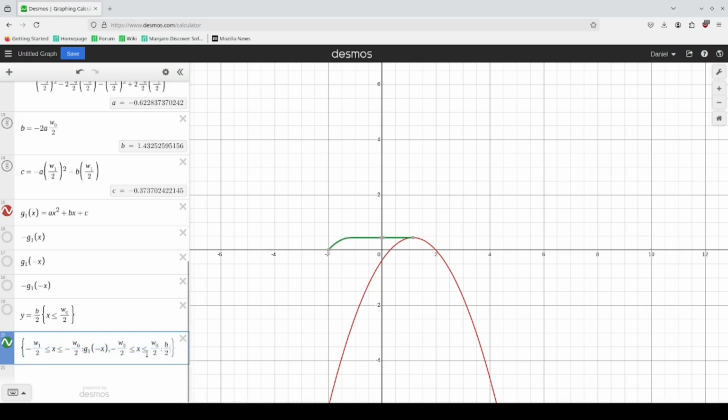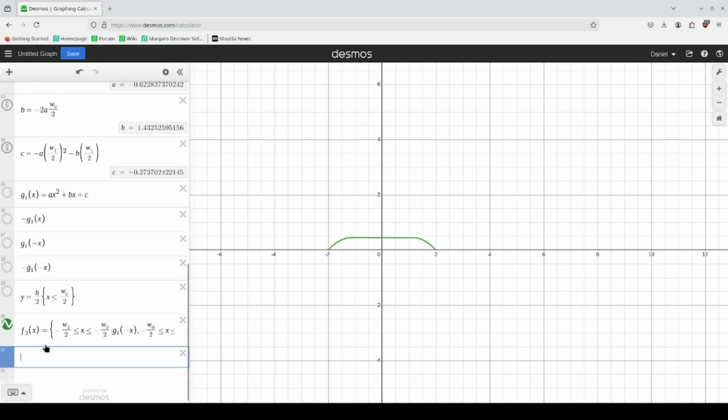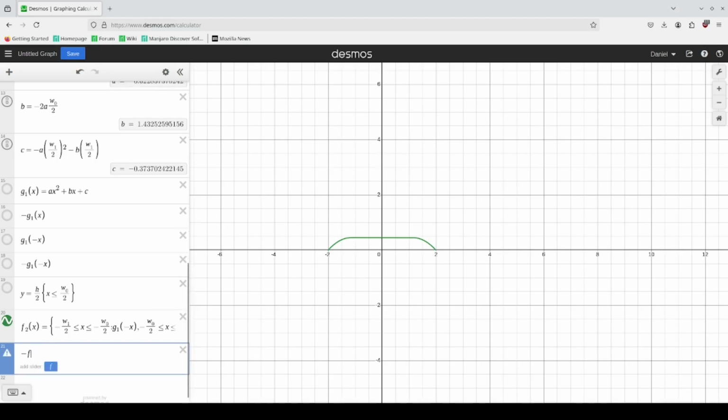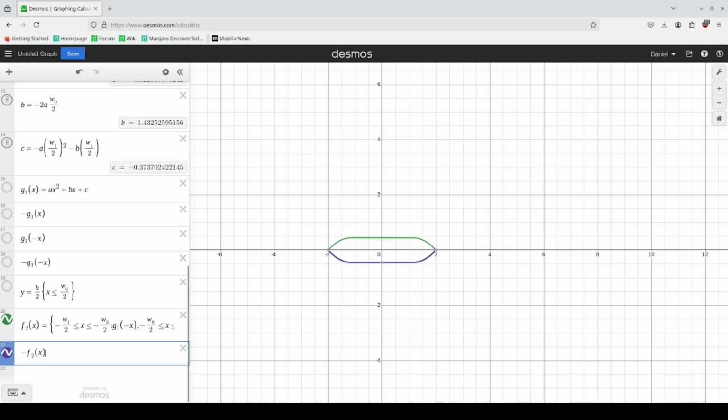And finally, if we're between this value and this value here, we want this to be G sub 1 of X. So now we just simply mirror the whole thing across the x-axis. So you have our second strip done with parabolas.